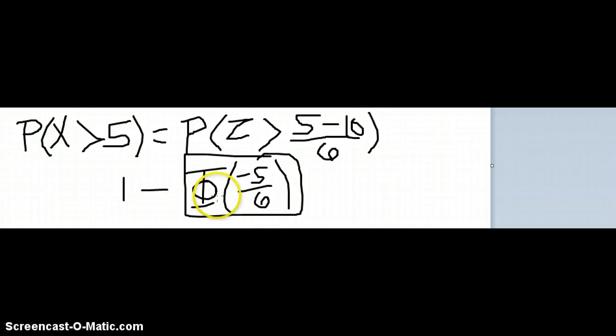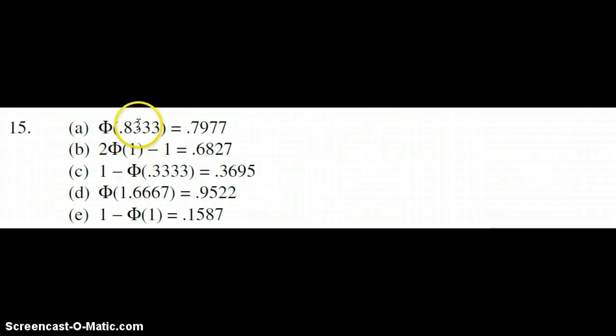So the 1's cancel out, and we're left with phi of 5/6, which is what they're writing here, 0.833. This is just from looking it up on the chart in section 5.4. Page 190 is where they're getting this number.